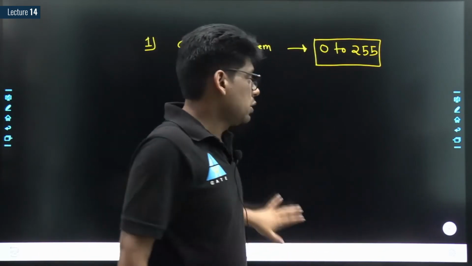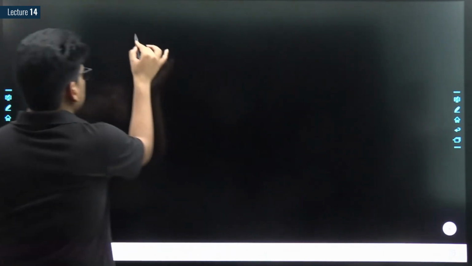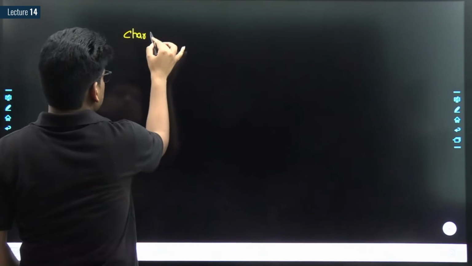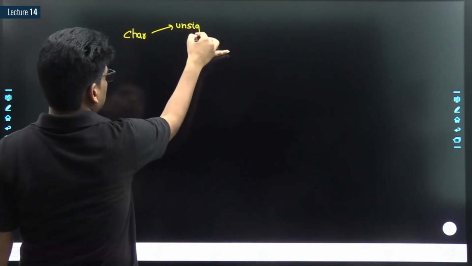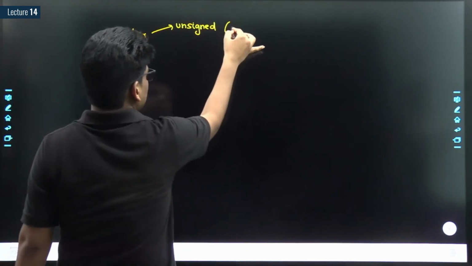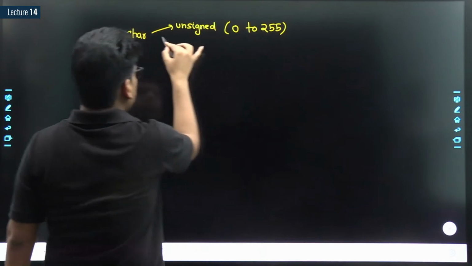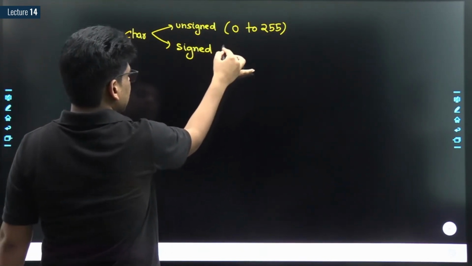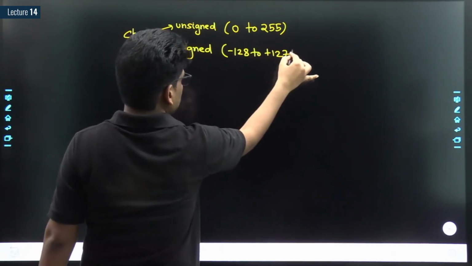This is about the character system. But previously we already calculated the char range. If it is unsigned, the range is 0 to 255. But if it is signed, the range is from minus 128 to plus 127.